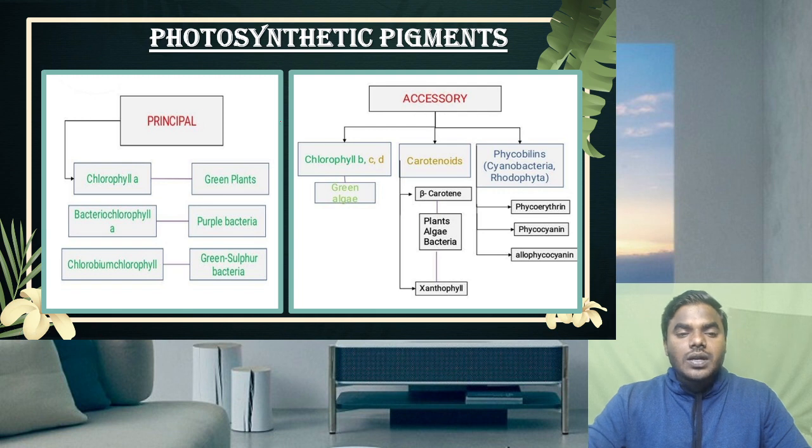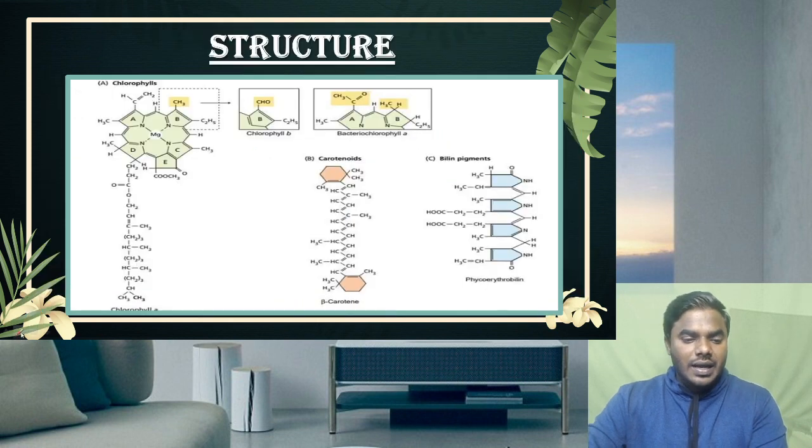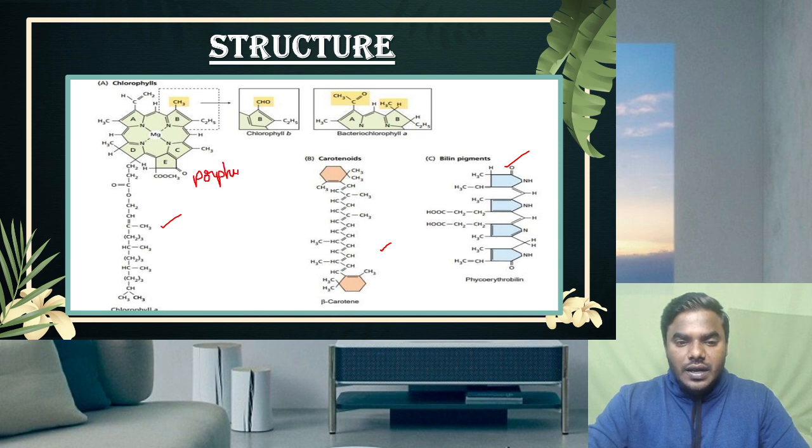So now, what are the various types of photosynthetic pigments? We discussed principal pigments and accessory pigments. Later I explained clearly the structure of chlorophyll, carotenoid, and bilin pigments. If you quickly recall, I told you that chlorophyll consists of a porphyrin head, please don't forget this, friends, and a phytol chain.